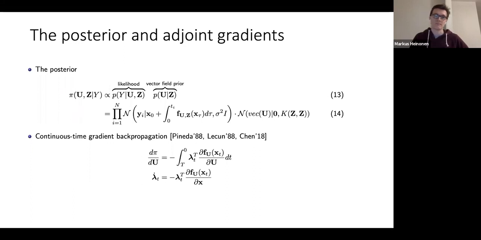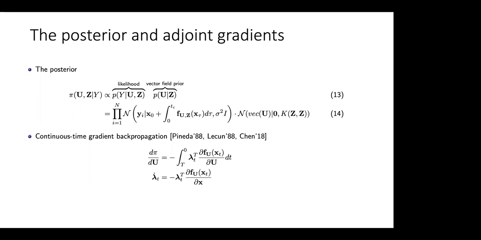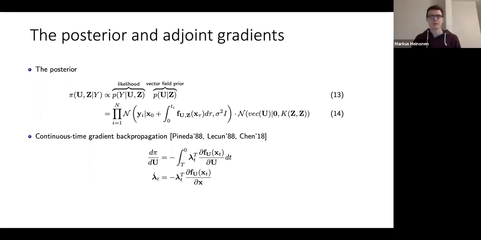To account for this, we have to turn to continuous-time gradients, which are effectively the continuous limit of discrete backpropagation, where the gradient of this system actually becomes an ODE itself, a dynamical system, which we run backwards in time.